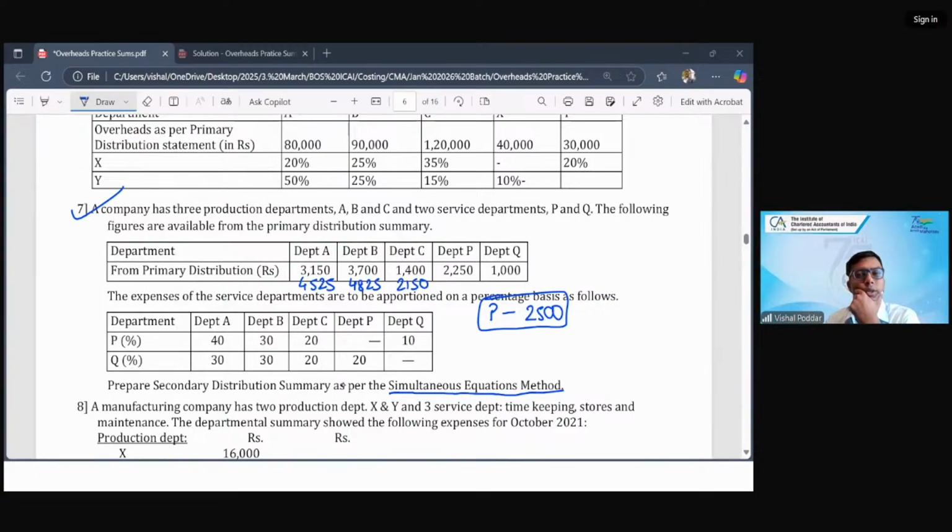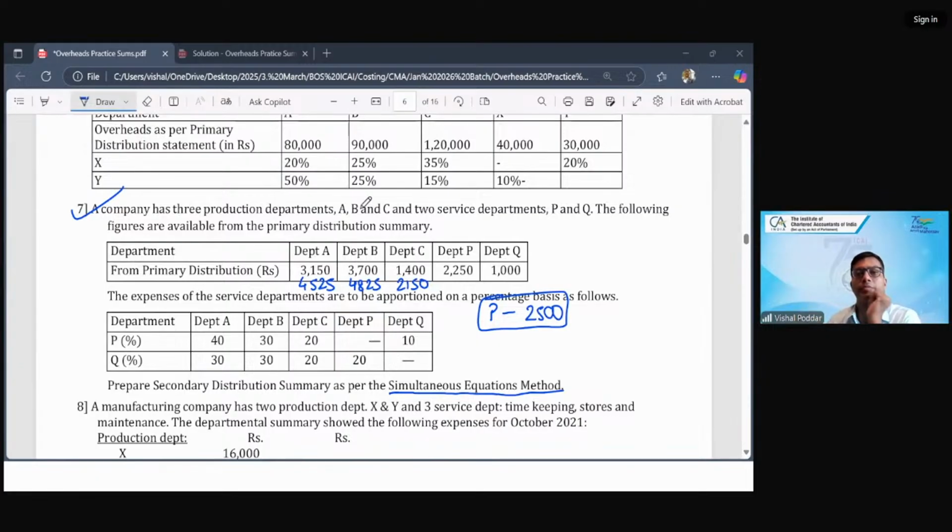Yes, correct. Okay. Students, I hope you all understood simultaneous. Riddhi is saying it is 2722.